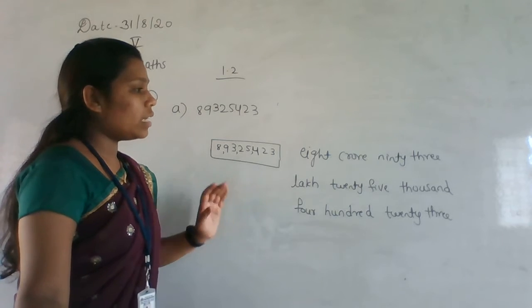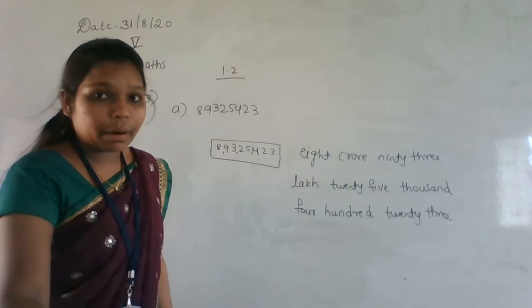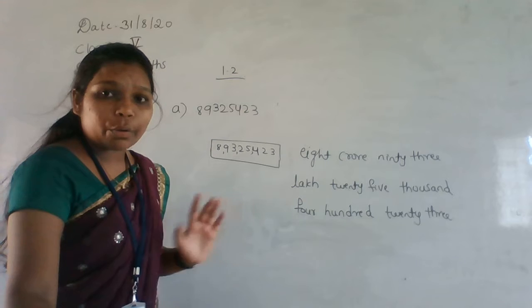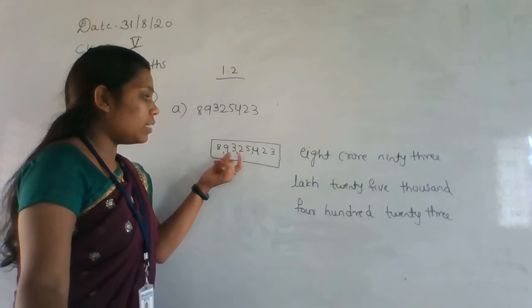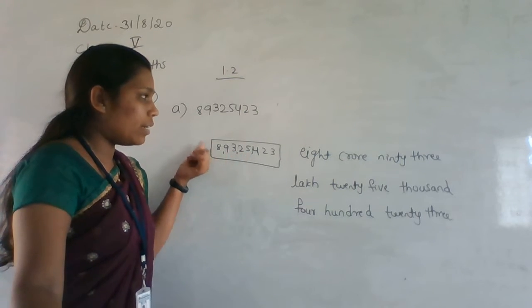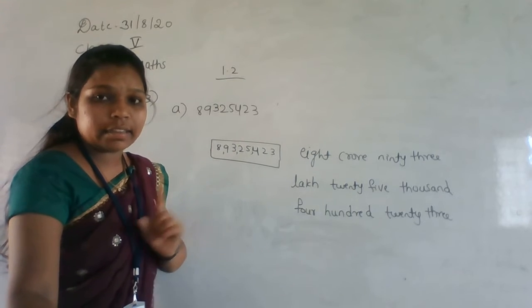So like this we have to write for every number: the number name, as well as the number once again using the commas in that box.